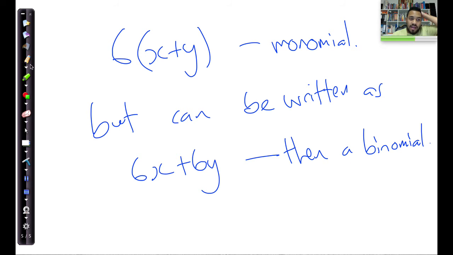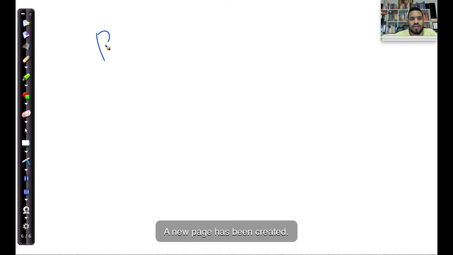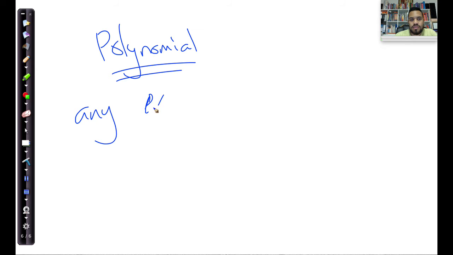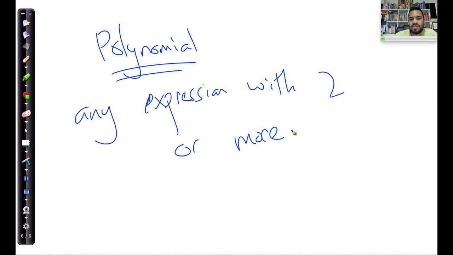Okay, and then finally, when we talk about classifying expressions, there's also another word called a polynomial. A polynomial is any expression with two or more terms, right?